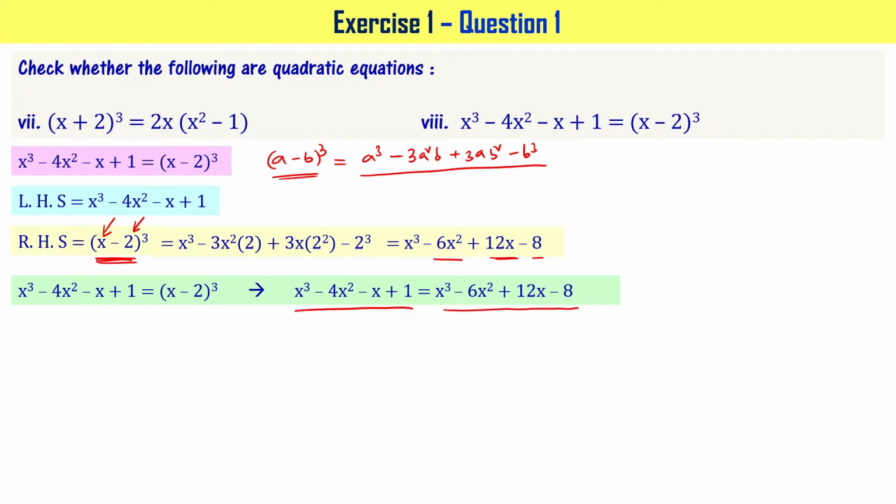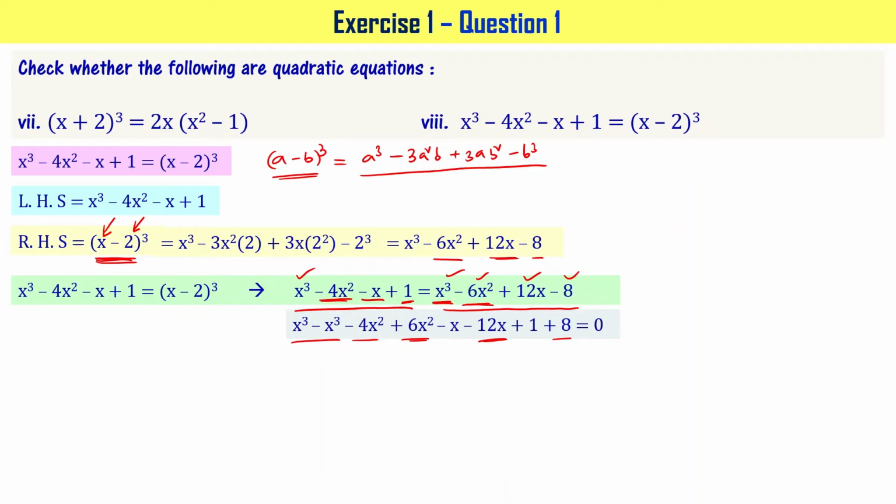Now what I'm going to do is transpose all the terms on the right hand side to the LHS. When I do that, the equation becomes x³ − x³ − 4x² + 6x² − x − 12x + 1 + 8, right?